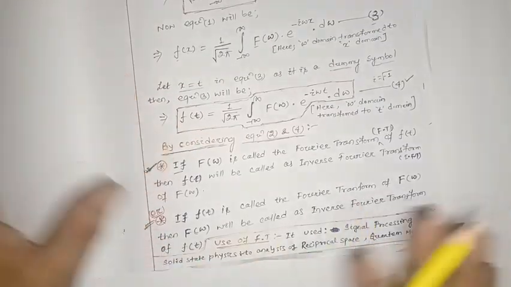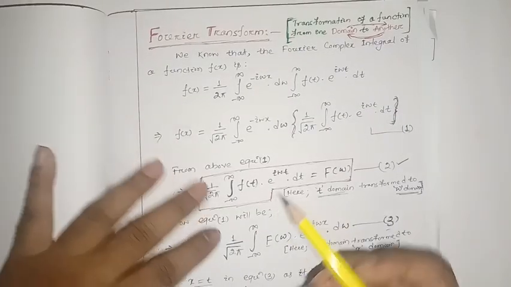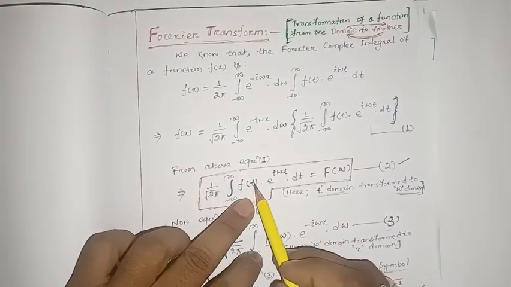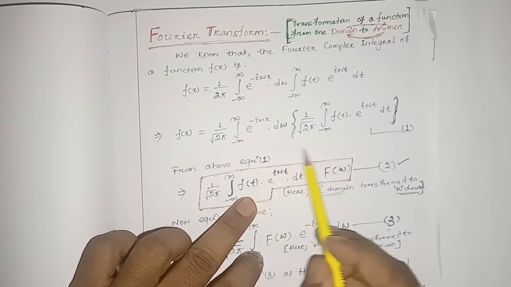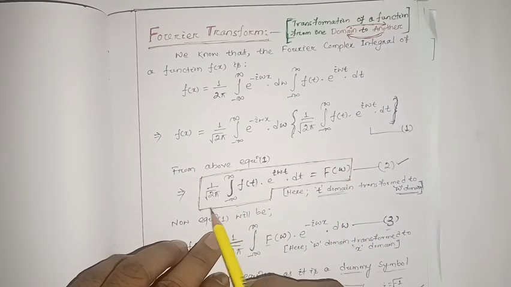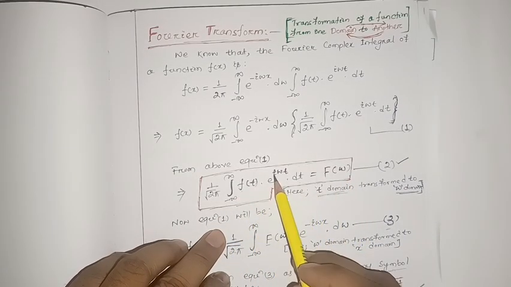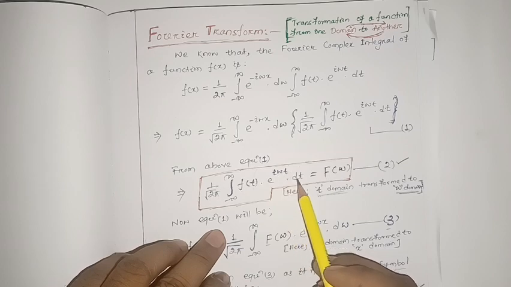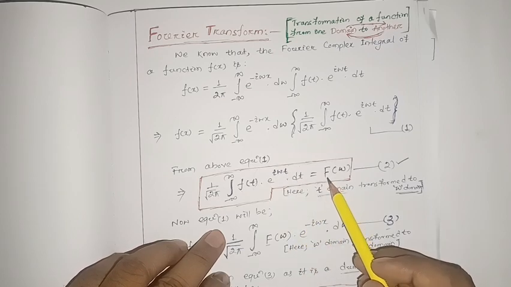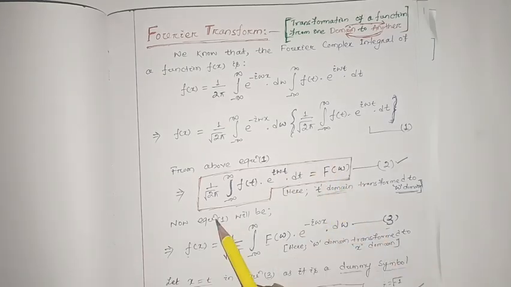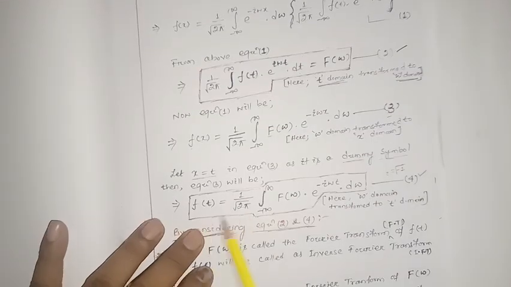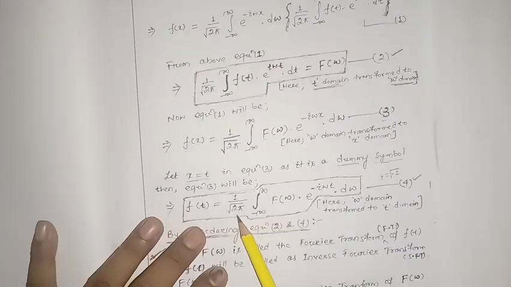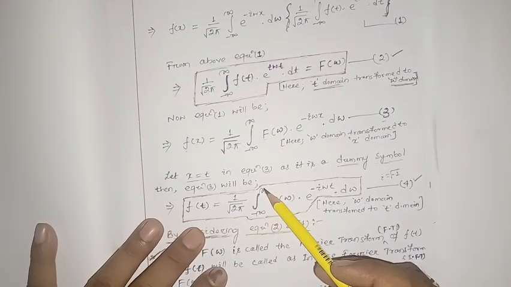Okay, so don't be confused. Simply remember, the Fourier transform of a function means it is transformed from one domain to another domain. Here t is transformed to omega by this integration, f of t e to the plus iota omega t dt, which will be equal to capital F of omega, and its inverse Fourier transformation, small f of t, is this one, the same 1 by 2 pi integral from minus infinity to plus infinity.